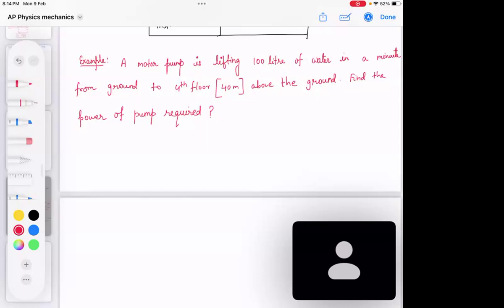So please tell me how much is that coming to us as your answer? Please calculate it now. Can you first calculate it? What is the work needed? Because once you calculate the work needed, you just need to divide it by time. Okay? So please tell me what is the work needed?